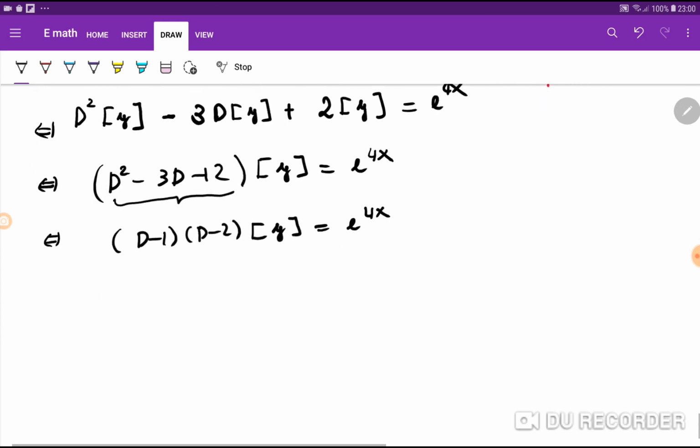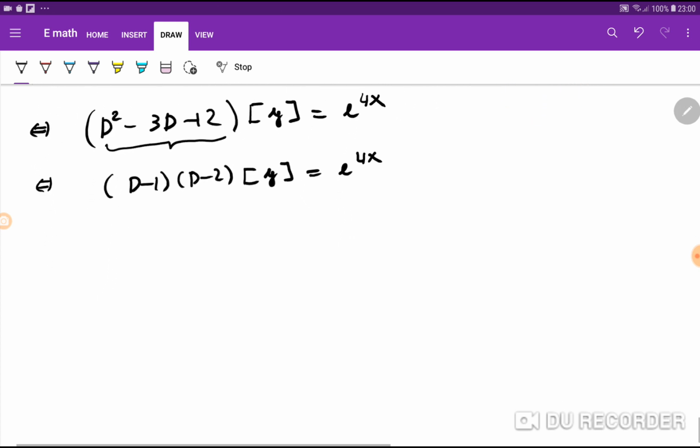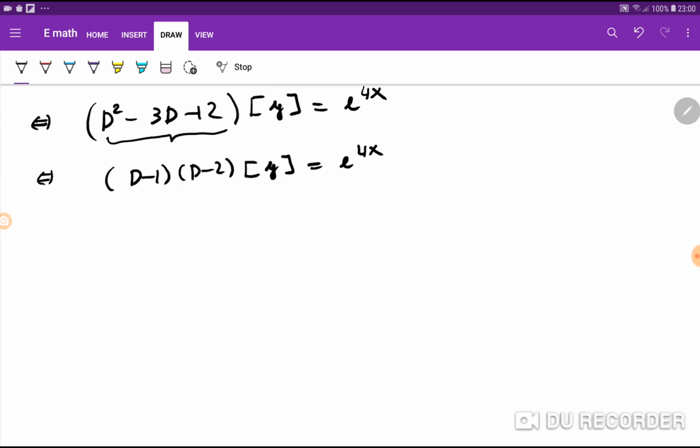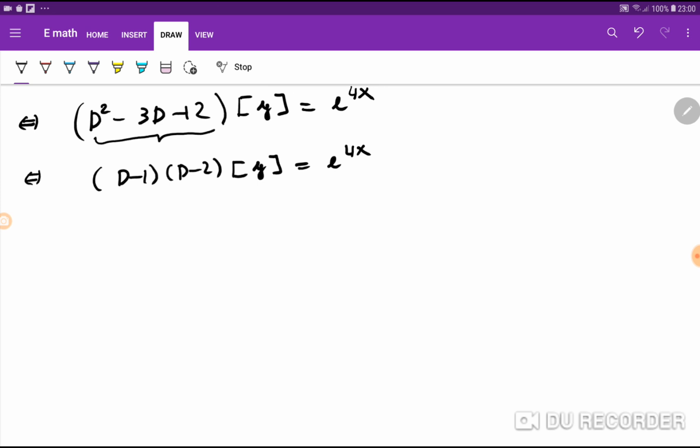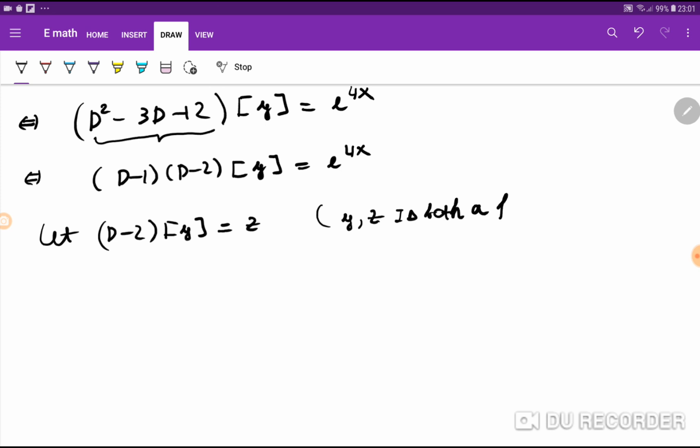Now, how are you gonna solve this? This is very interesting. You're gonna say let (D minus 2) y equal z. So y and z are both functions of x.